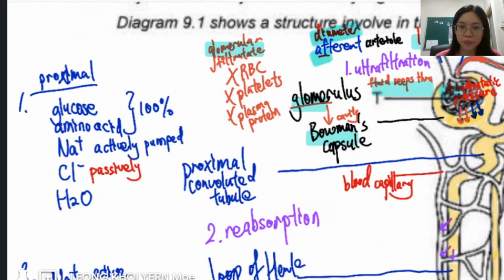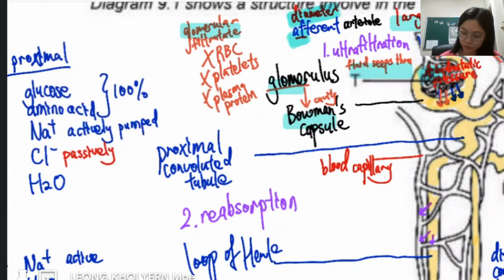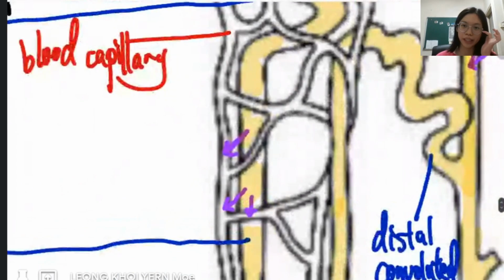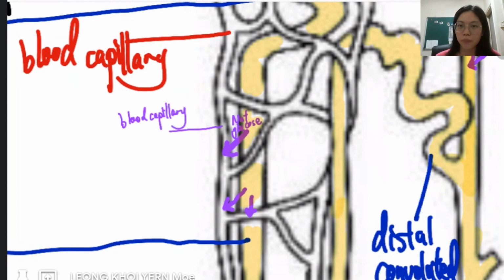When a lot of things get absorbed, let's say you zoom in bigger, sodium ions, glucose, amino acid all enter your blood capillary. So 100% of glucose and amino acid are absorbed, sodium ions are absorbed actively, and chloride in a passive manner.